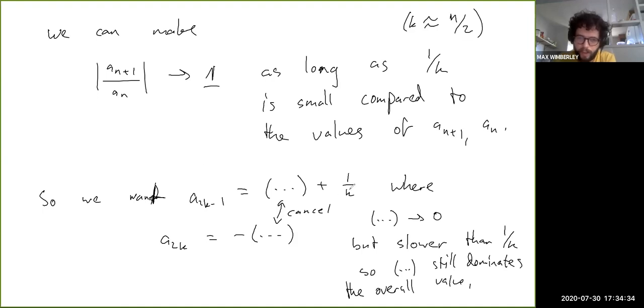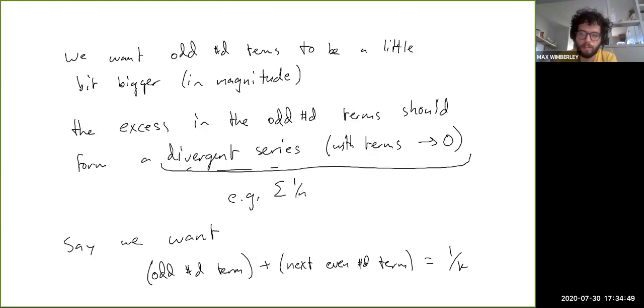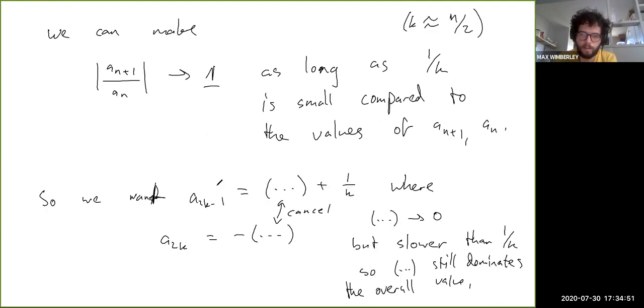There's a very slight imbalance between the positive and the negative terms that actually causes the series to diverge. To me, that's a slightly surprising fact. It seems subtle, but I think it's kind of important.